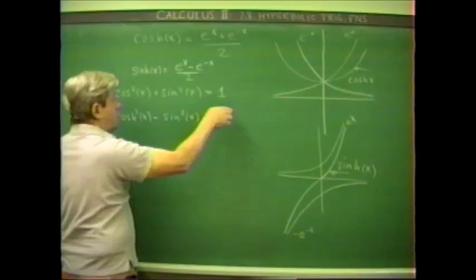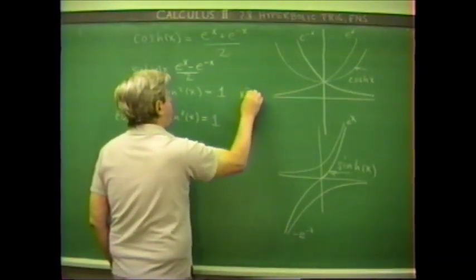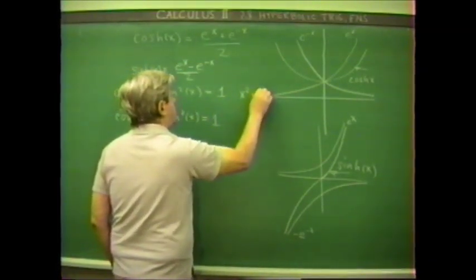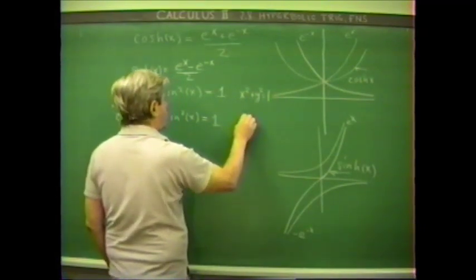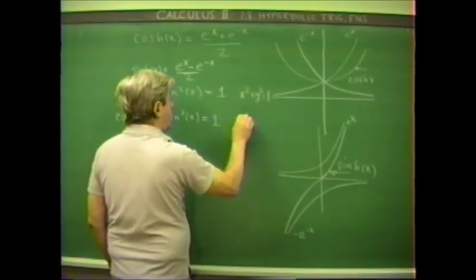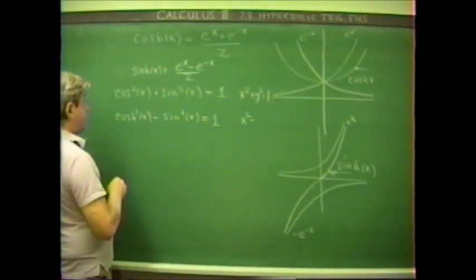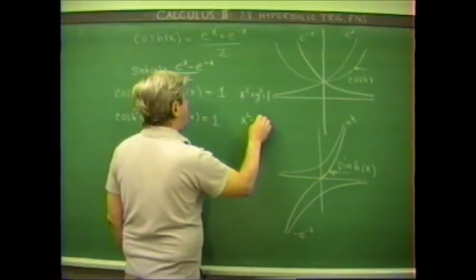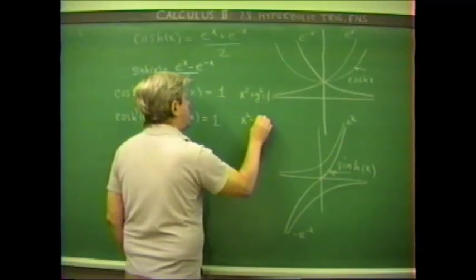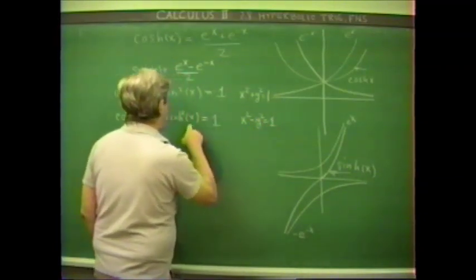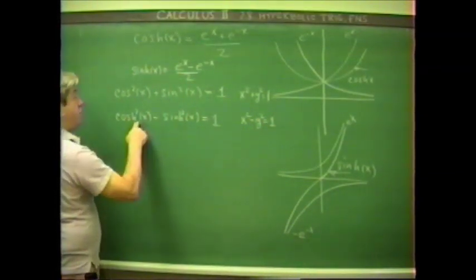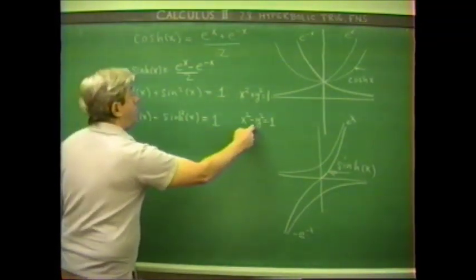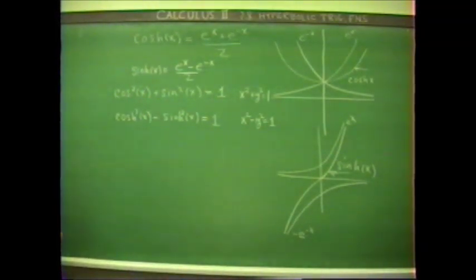This reflects the fact that the sine and cosine are based on the unit circle, whose equation is x squared plus y squared equals 1. You can think of the hyperbolic sine and cosine as based on a hyperbola, x squared minus y squared is equal to 1. And so these functions, for example, parameterize this type of a curve.